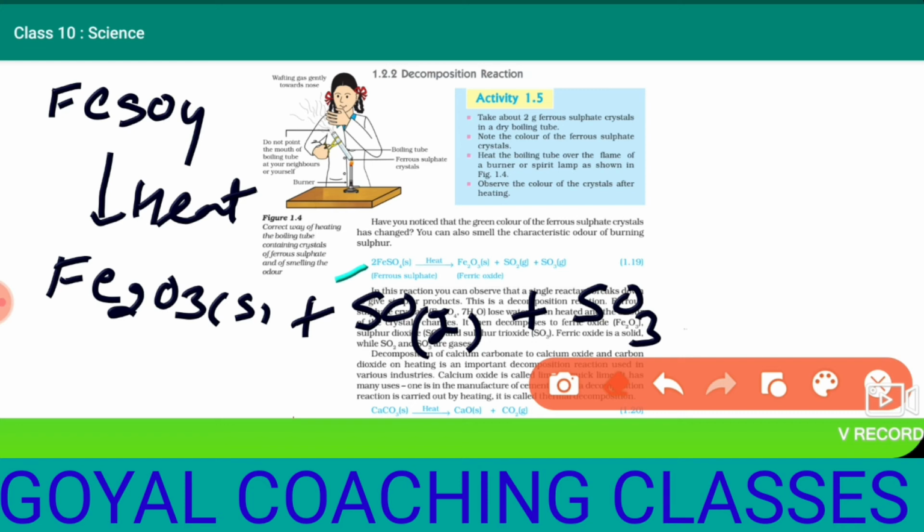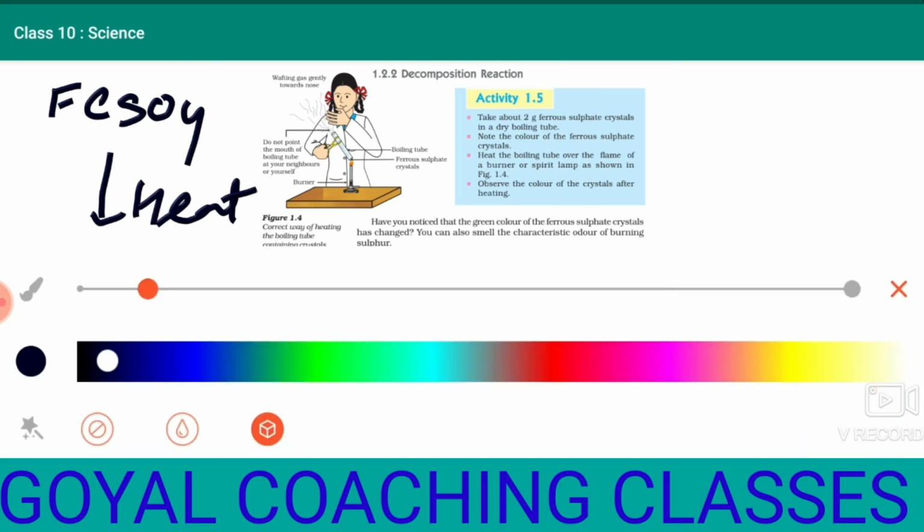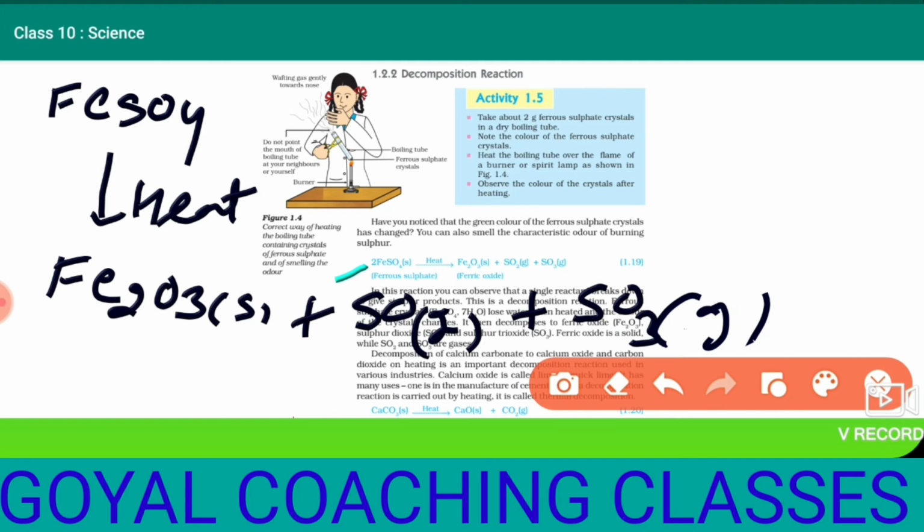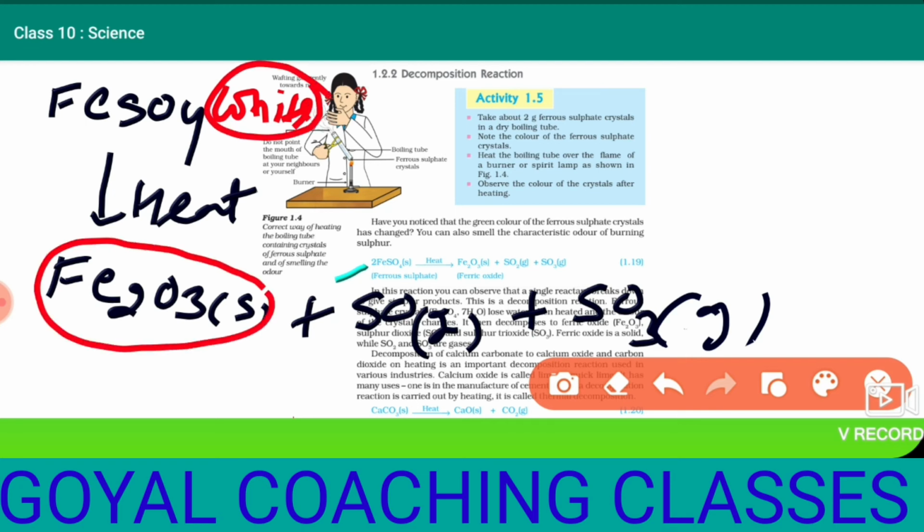And I will tell you one thing more, student. Just remember that this FeSO4 color is white. But this Fe2O3 solid usually has a brown color.